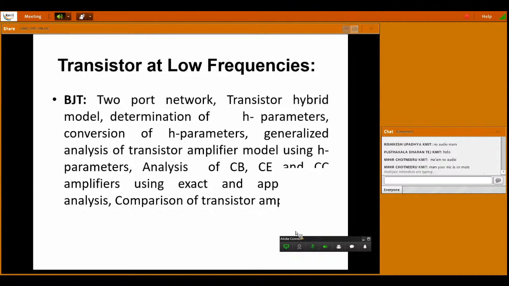From which slide are you not able to listen? You want me to repeat it?